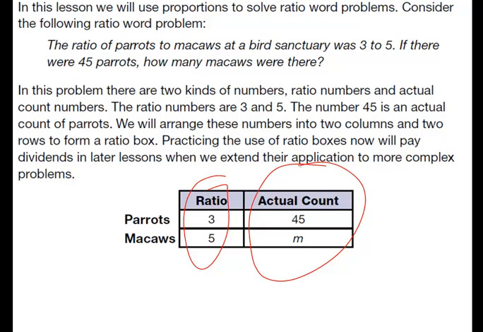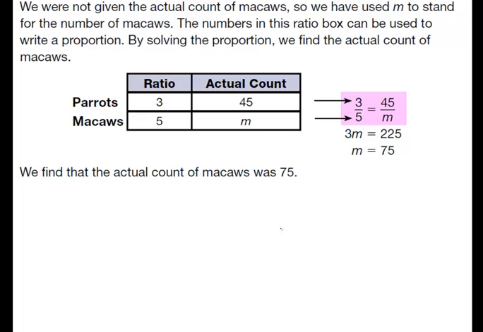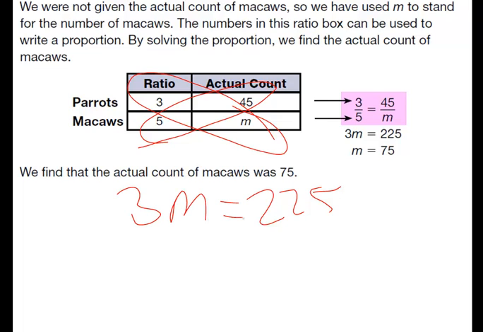So we'll arrange these numbers in 2 columns and in 2 rows so that we can use what we learned about proportions to solve this. We're going to use these ratio boxes to figure out what m is. The way we do that is we're going to cross multiply, and we learned that when we talked about proportions a few lessons back. In this case we're going to take 5 times 45, and that's going to equal 225, and then 3m equals 225.